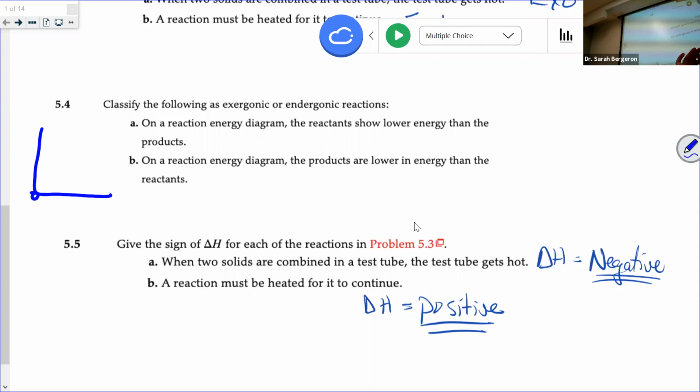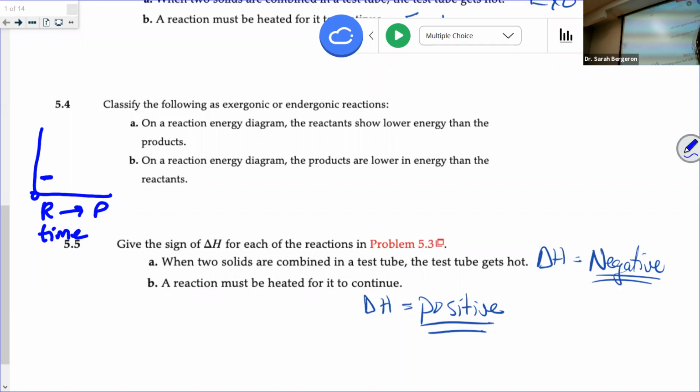It's always what? Reactants going to products. So I have reactants going to products because this is time on this axis. And so whenever we're progressing in a reaction, we're going reactants to products. So in A, the reactants show a lower energy than the products.